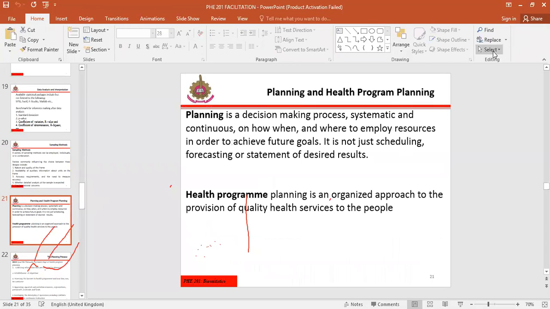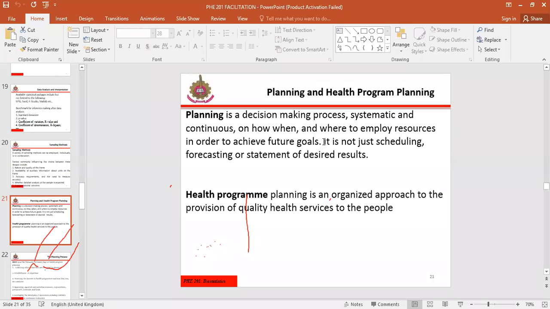Now, let's move to planning and health program planning. Planning is a systematic and continuous decision-making process on how, when, and where to employ resources in order to achieve future goals. A number of health facilities, even federal and state government establishments, are mostly established for the purpose of profit making.